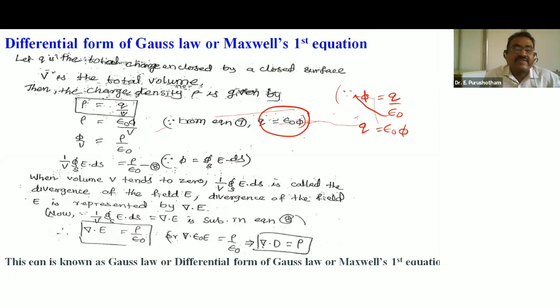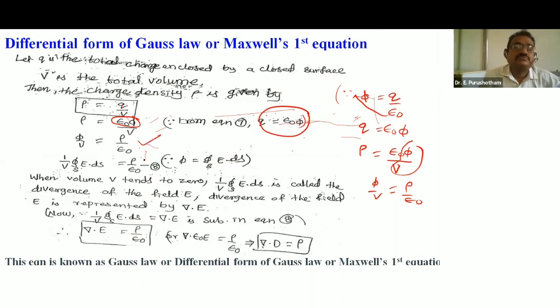In place of Q, we can write epsilon naught into phi, remaining same by V. So from this formula, rho is equal to epsilon naught phi by V. I want to take phi by V from this formula. Phi by V is equal to rho by epsilon naught.